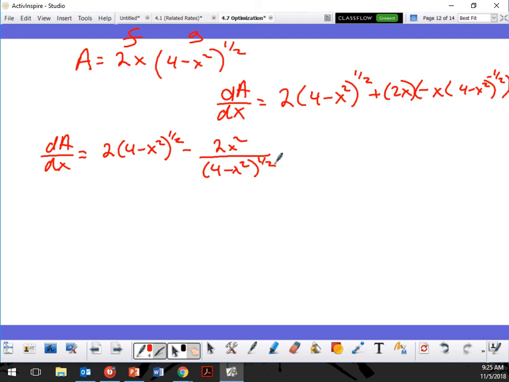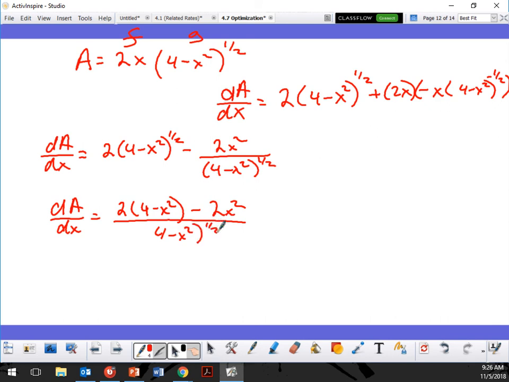So dA/dx is equal to 2 times the quantity 4 minus x squared, that's a whole because of the common denominator, minus 2x squared over 4 minus x squared to the 1/2.